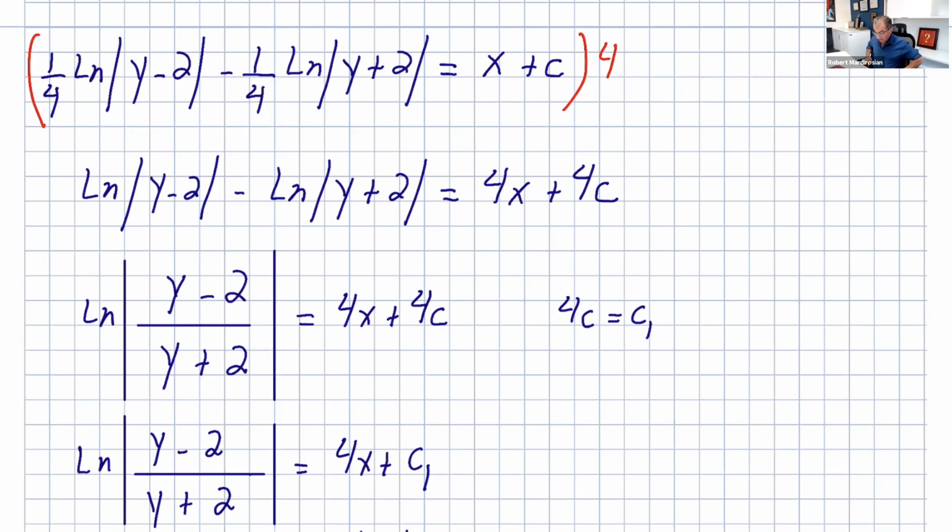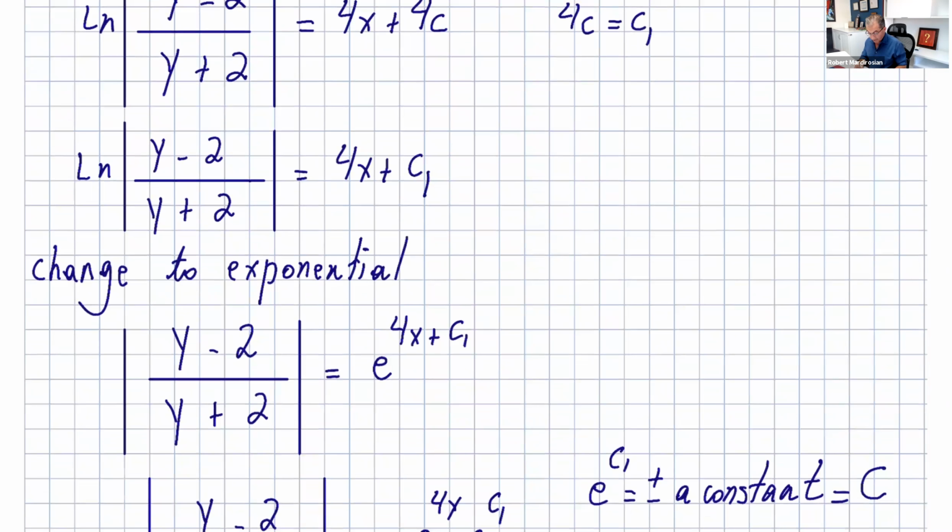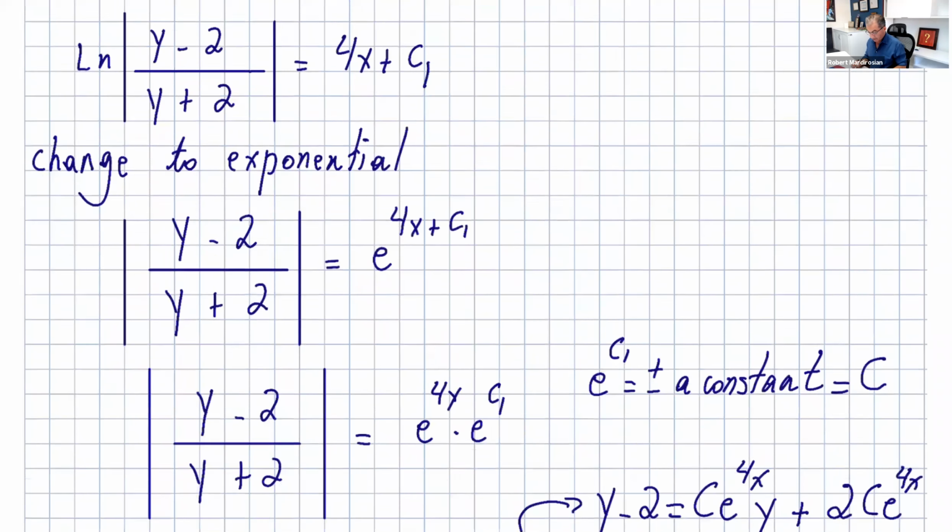But if you want to solve this explicitly, let's go ahead and do that. So now let's pay attention to this constant. 4c itself is a constant, so I call that c1. So I can say it's 4x plus c1. Now if you change this to exponential form, you do e on both sides, so you get absolute value of y minus 2 over y plus 2 equals e to the power of 4x plus c1.